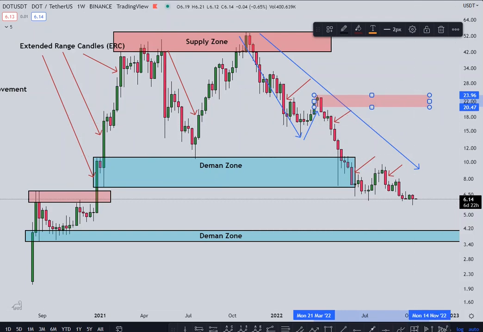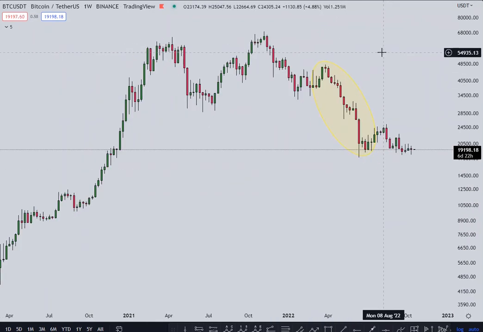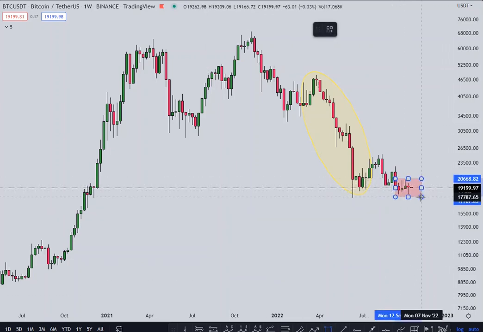Okay, let's go on Bitcoin chart and try to see what's going on Bitcoin. So here we are in a weekly time frame on Bitcoin. Step one, spot the current price. So here we are right now. So the price is here.